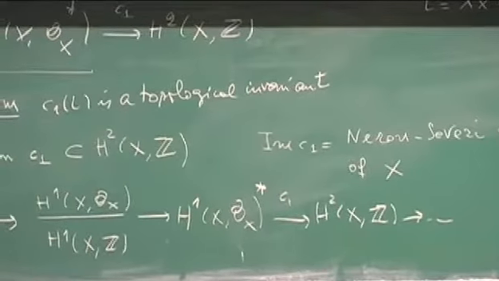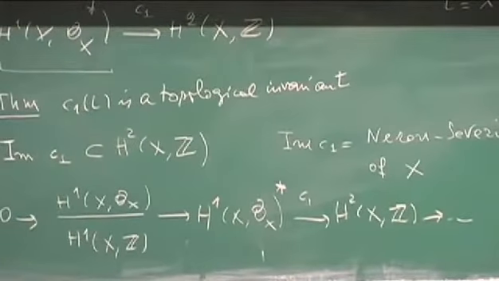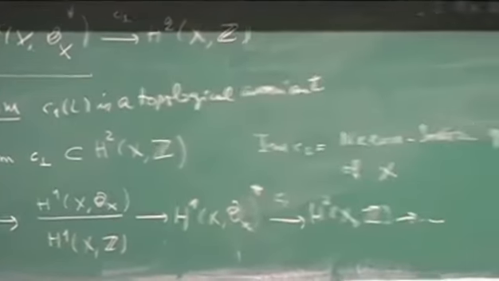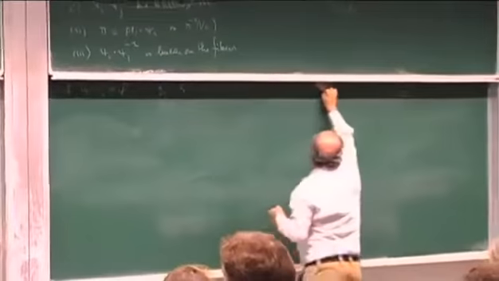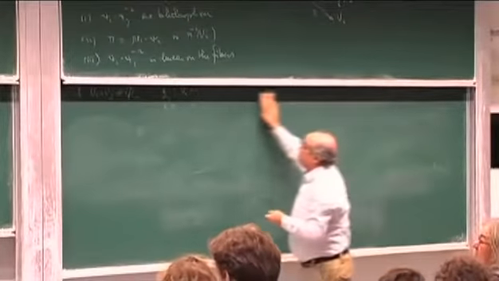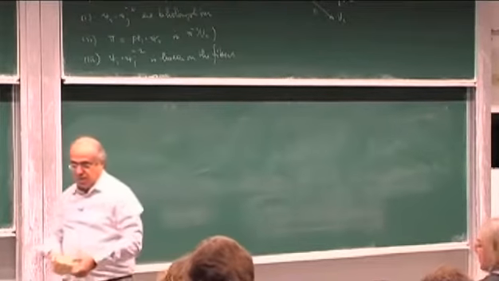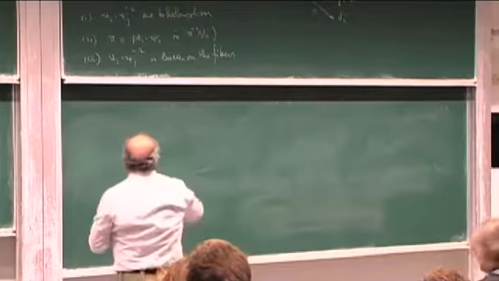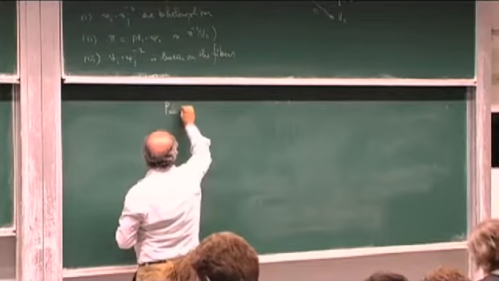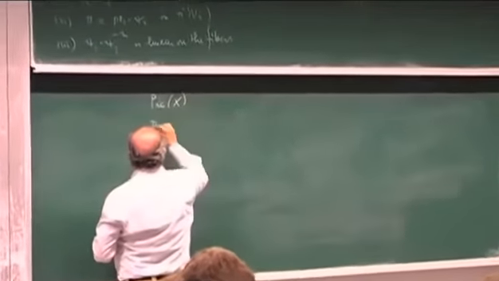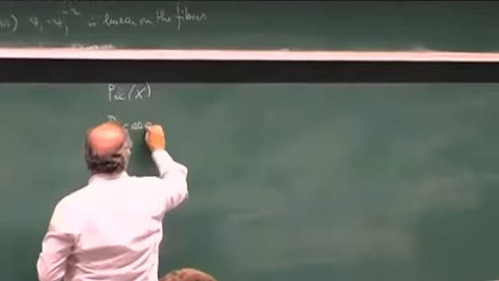The group of isomorphism classes of line bundles, I will call the Picard group. So the second term of that sequence will be the Picard group, where Picard is spelled in this way.